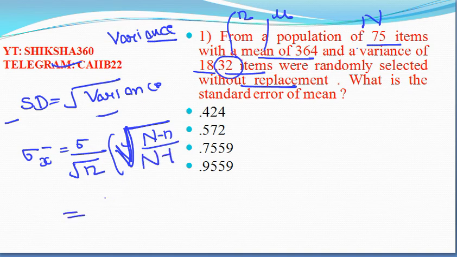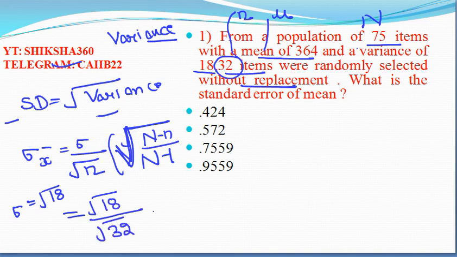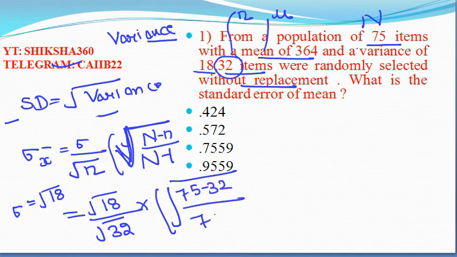Sigma here comes out to be under root 18. So we write under root 18 upon under root 32, into under root of 75 minus 32 upon 75 minus 1. When we calculate this, we are able to get our answer.